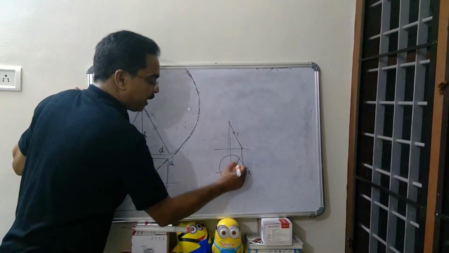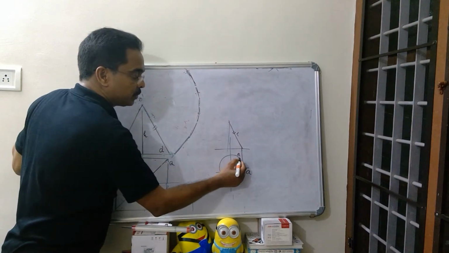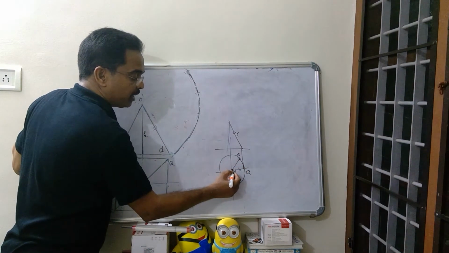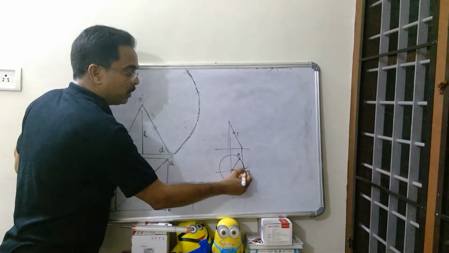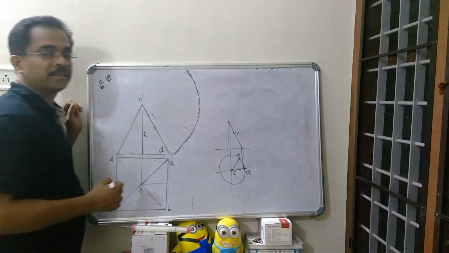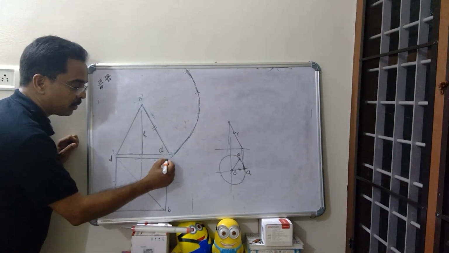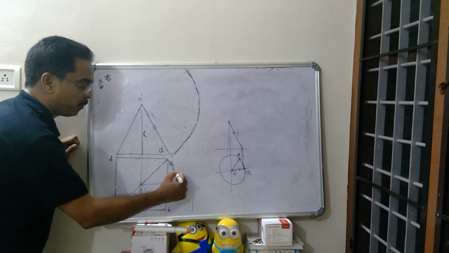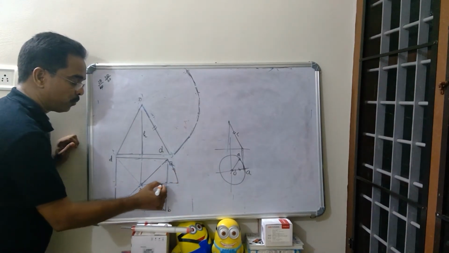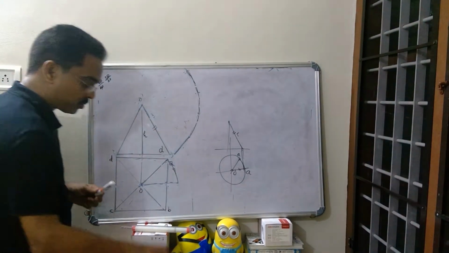Suppose this point A is here. How will you find out the true length? You rotate it with O as center and OA as radius, make it parallel. Now project it and you will get the true length. The same thing will be applied here. With O as center and OA as radius, rotate this line so that it becomes parallel. Since this line is parallel, O dash A dash will give the true length.